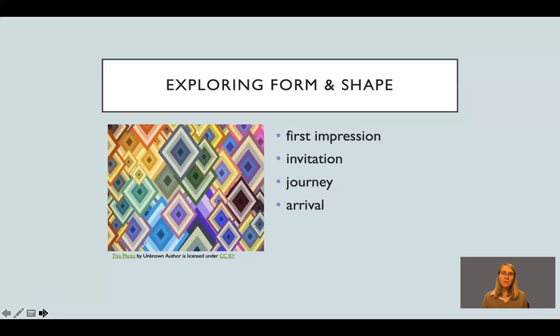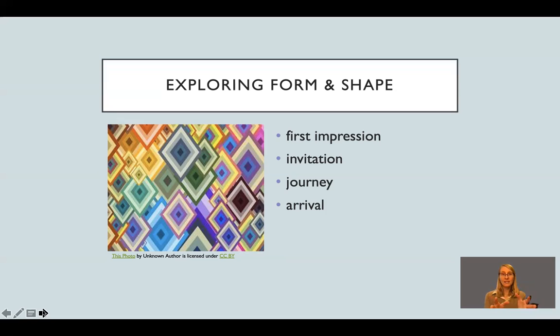So when I'm creating a poem, I like to think about the first impression I am giving readers. And by first impression, that's usually the title. It might also be if I've just opened a book or a magazine or flipped up a computer screen, it could also be that initial visual impression. So what it looks like on the page.